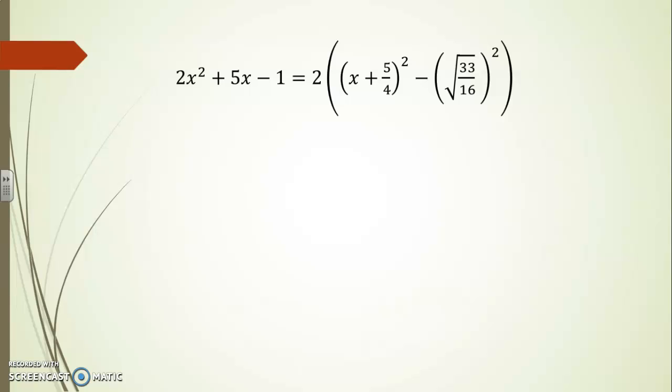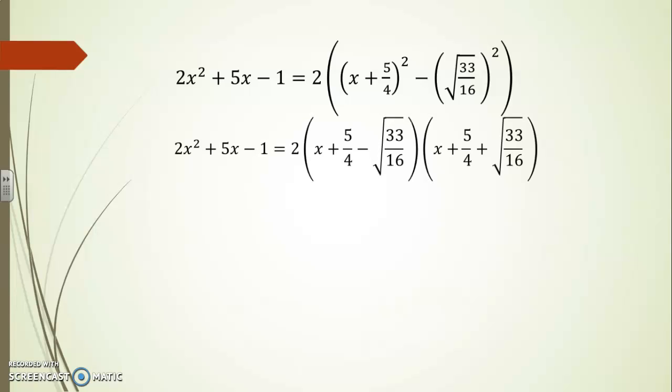So 33 over 16, even though it's not a perfect square number, could certainly be thought of as the root of 33 over 16 that is squared. So x plus 5 over 4 would play the role of the a, and the root of 33 over 16 would play the role of the b in what we learned earlier as our difference of squares formula. Okay, so with the 2 factored outside, I'll now apply the difference of squares formula, where x plus 5 quarters is subtracted by the root of 33 over 16 and then added with the root of 33 over 16.